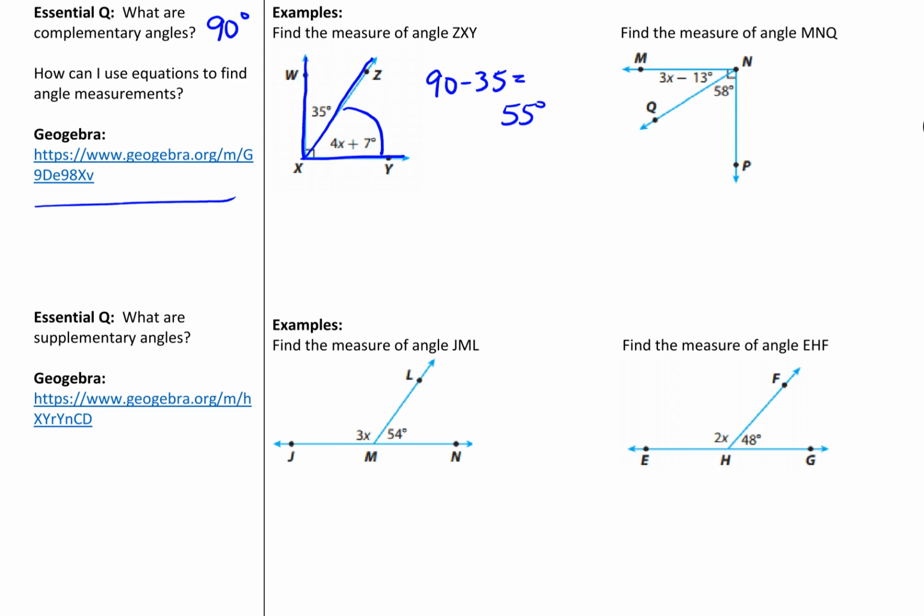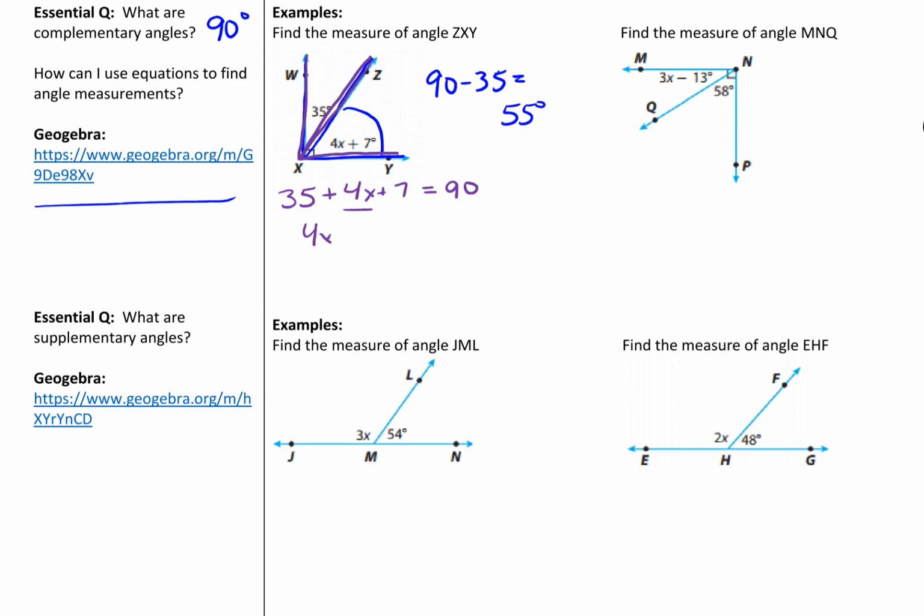However, sometimes I'm going to ask you to find the value of x, and I want you to use an equation to do this. So let's add up these two angles. I have 35 plus 4x plus 7, and that's just these two angles right here, WXY and ZXY. And we know if we add those two angles together, they equal 90 degrees. So let's solve this equation by simplifying the left side first.